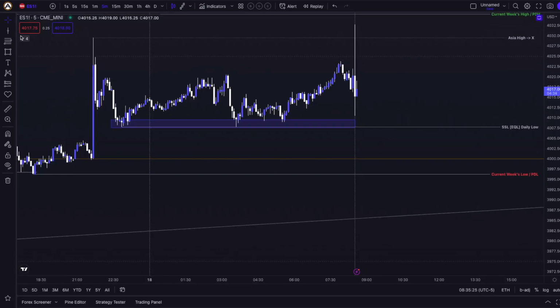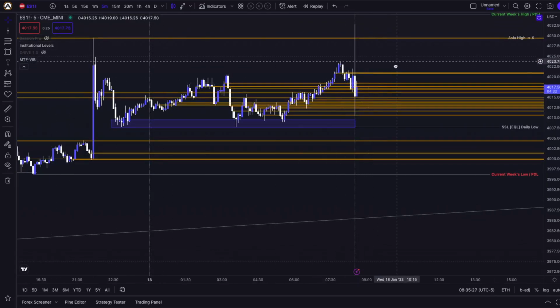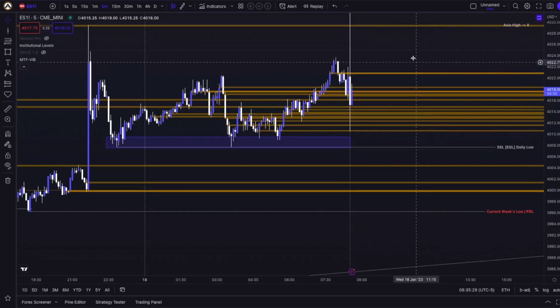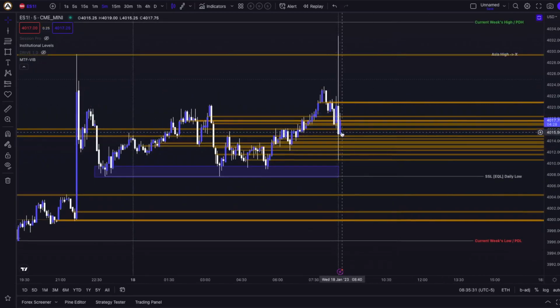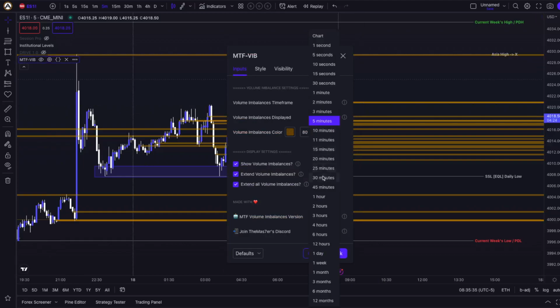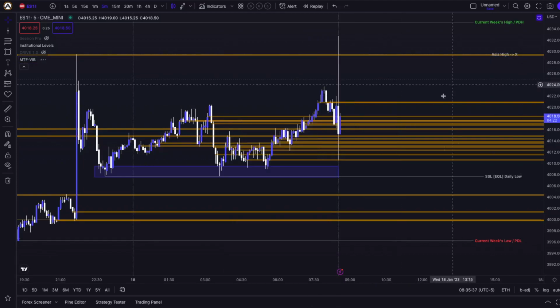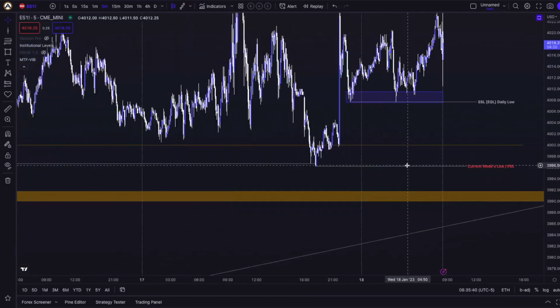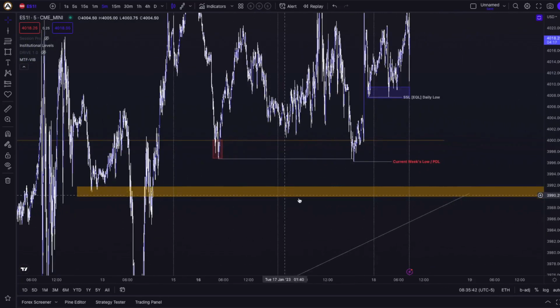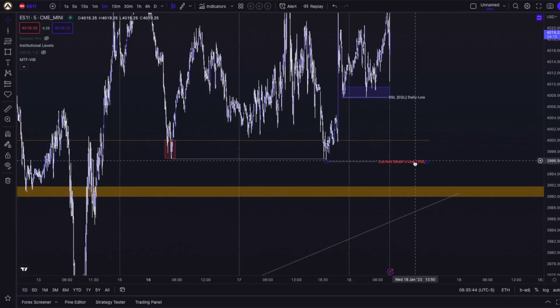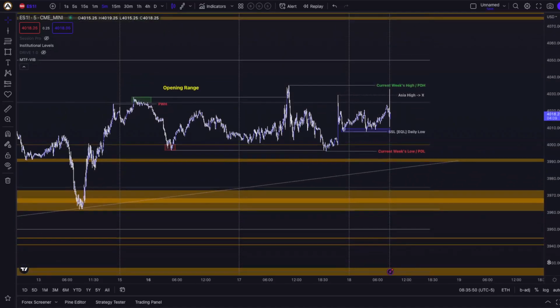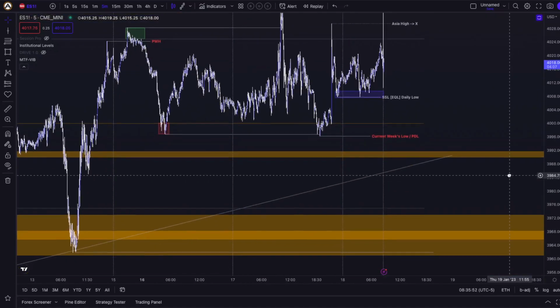But we will see. So let's turn on the multi-time frame volume imbalances. So we see that we pretty much filled all those volume imbalances here on a 5-minute time frame. Let's have a look at the daily volume imbalances to see if we get any more insight. So we see we have a daily volume imbalance sitting right around this level, below our current week's low, our previous day low, and also below the 4,000 key level, which could draw the narrative that we might pull back.